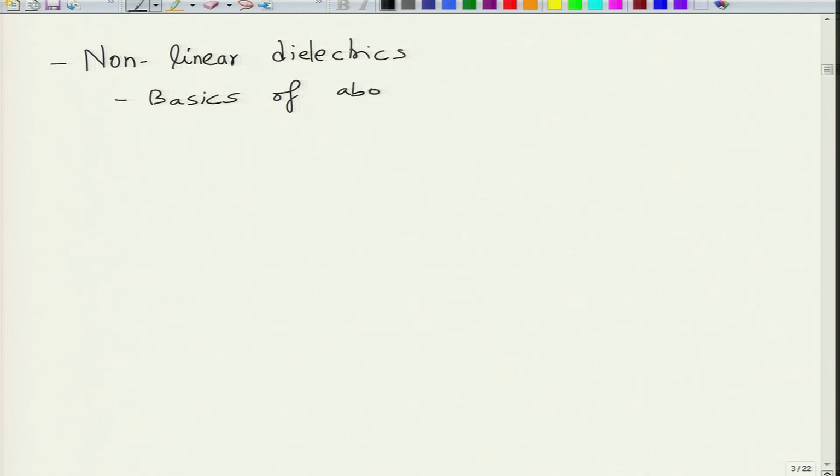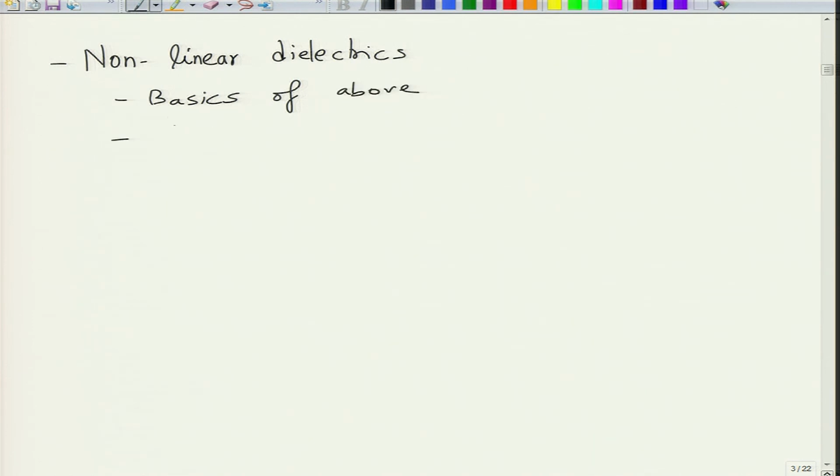And then we will move on to what is called as nonlinear dielectrics. We will see what is the meaning of linearity, nonlinearity in the subsequent course of time as we learn about it. And in this case, we will learn about what are the basics of above materials.